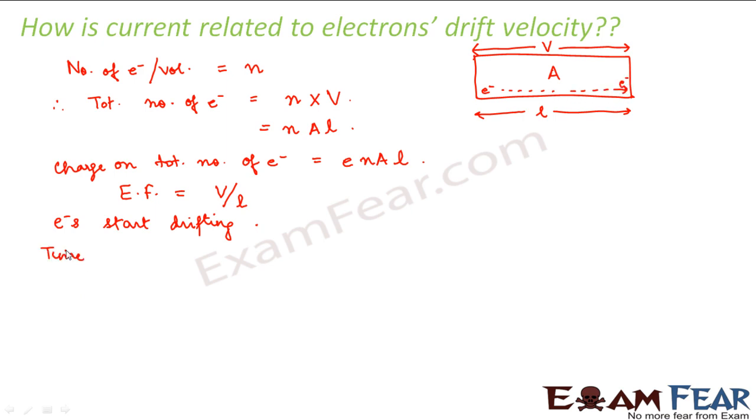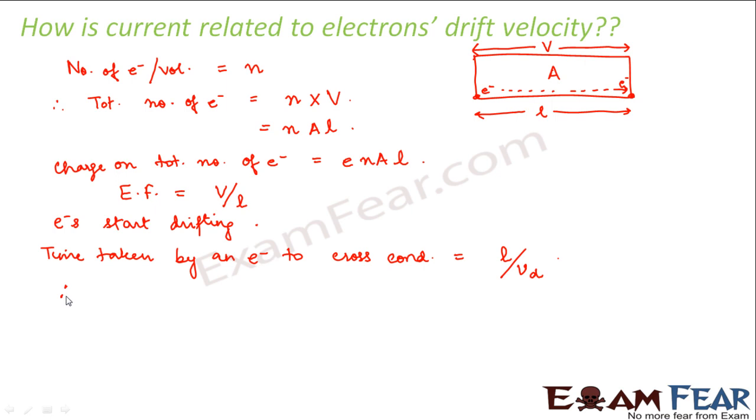Time taken by an electron to cross the conductor is equal to the distance covered divided by velocity. The distance covered is the length of the conductor. So this will be equal to L divided by the velocity with which the electron is moving, which is the drift velocity.